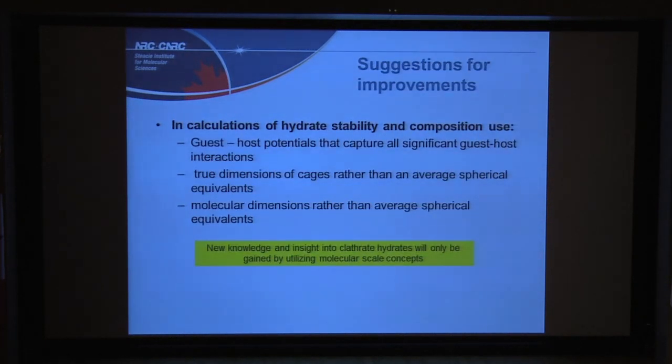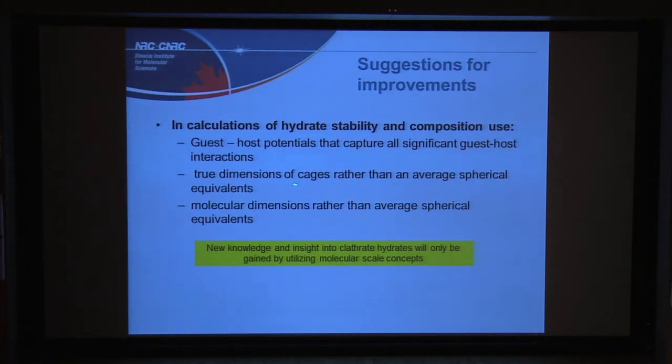Finally, some suggestions for improvements. In calculations of hydrate stability and composition, we should use guest-host potentials that capture all significant guest-host interactions, not just the short range, but also the long range ones that describe hydrogen bonding.